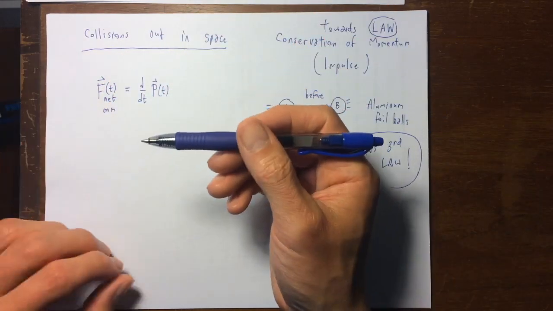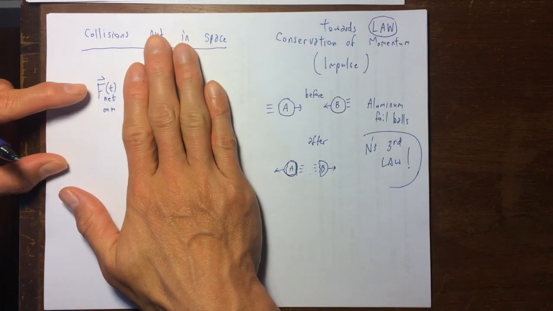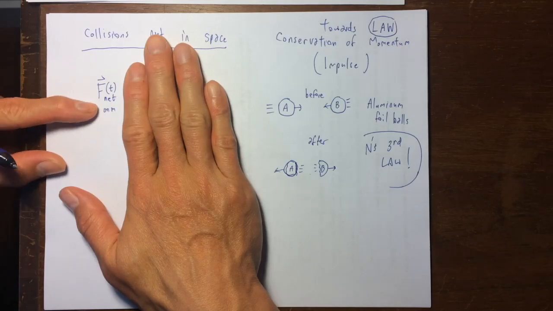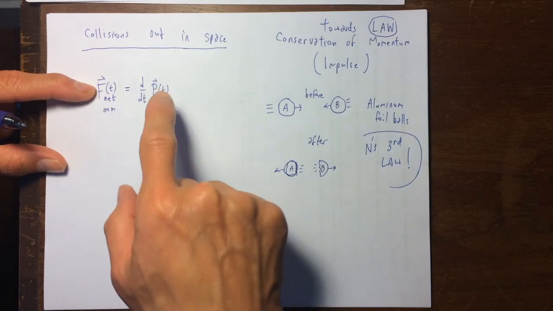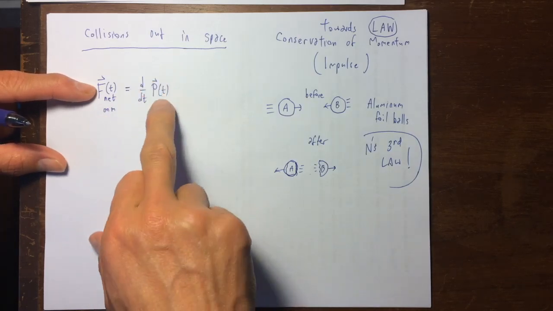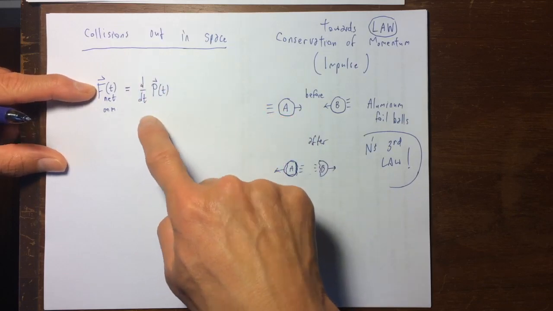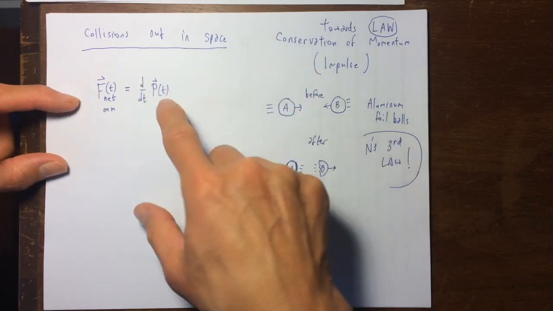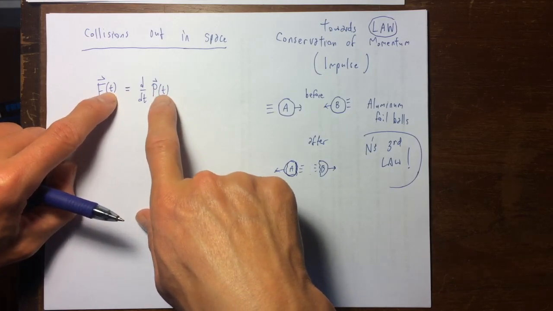What I mean by that is the instant that the value of the net force on m is whatever value it is, at the same time, the time rate of change of the time-dependent momentum has the very same value. This is instantaneously true at the same time. Not at different times, but the same time.